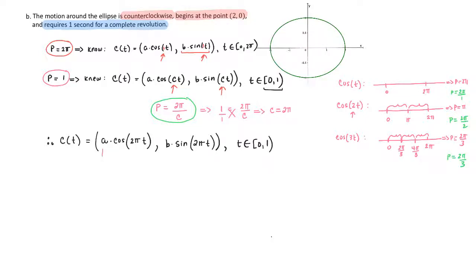And the last thing that I have to do now is to insert the correct A and the correct B, but that will be the same from before. We're not changing A and we're not changing B. So then C of t is going to be, I believe that A was 2, cosine of 2 pi t, and B was 1, so sine of 2 pi t, comma, where t is within 0 and 1.